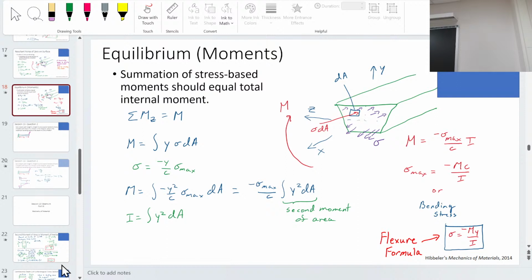It's above the neutral axis, so it should be in tension, which is positive. Yes.